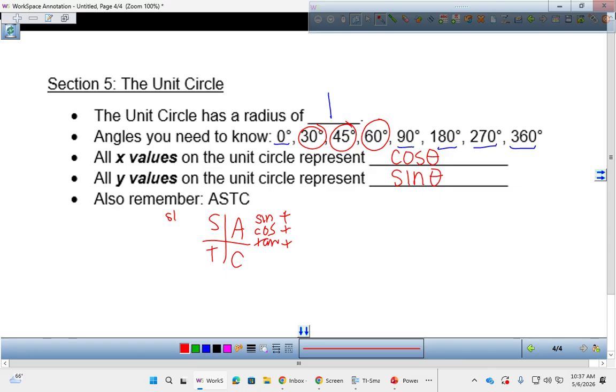This means that sine's positive, but cosine and tan are negative in quadrant 2. This means that sine is negative, cosine is negative, and tan is positive in quadrant 3. And this means that sine is negative, cosine positive, and tan is negative. We're going to use that again.